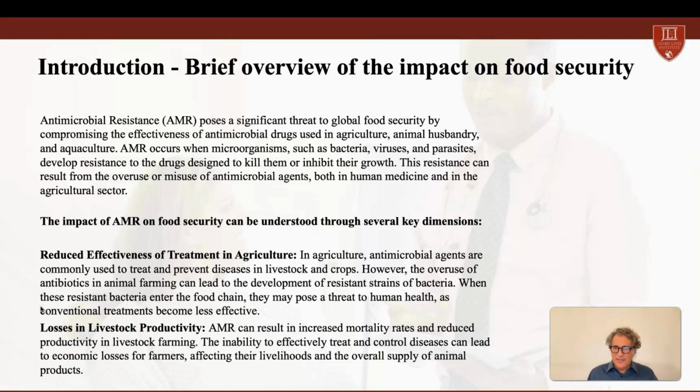Of course, if a disease is not well managed, we can make mistakes, for example through overuse, and then there is an indirect impact on human health. But if we misuse antibiotics, for example, if we use the wrong antibiotics for a disease in pigs, it means that the disease can kill part of the pigs.